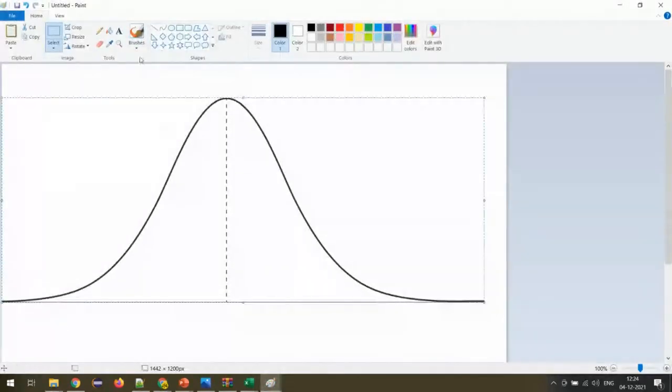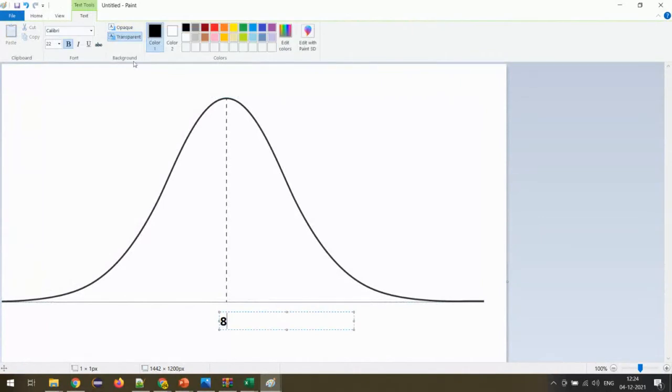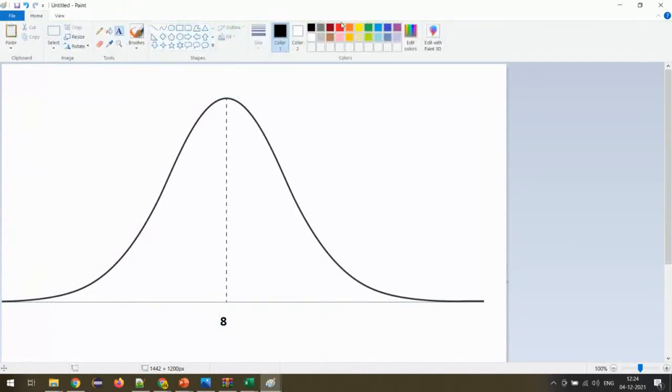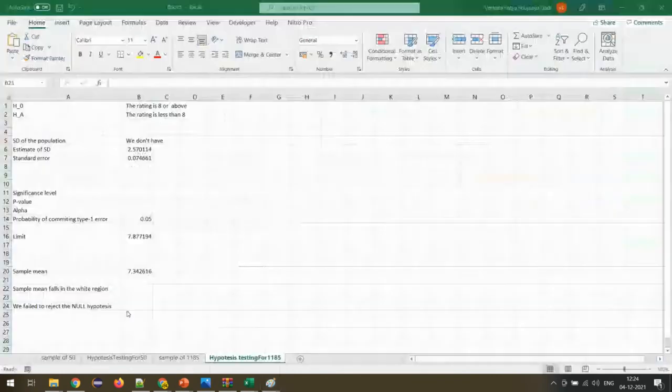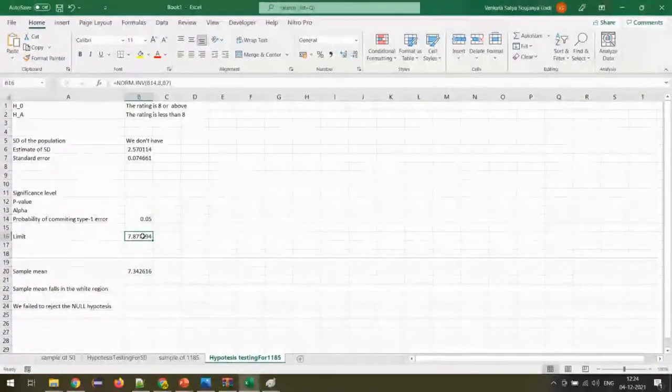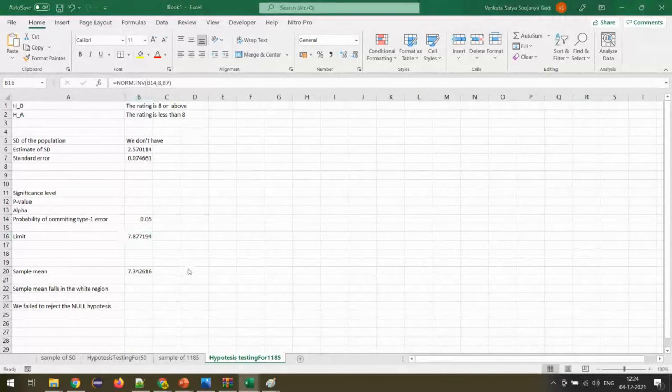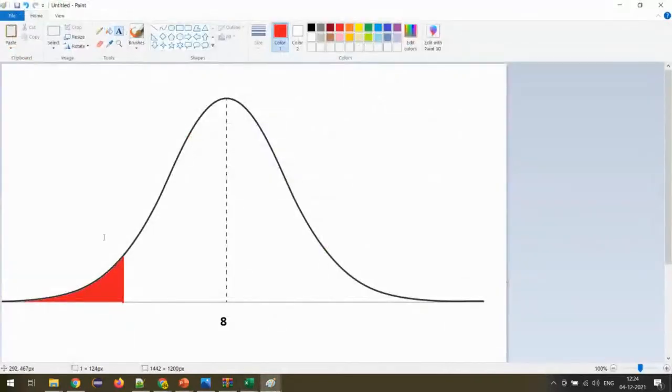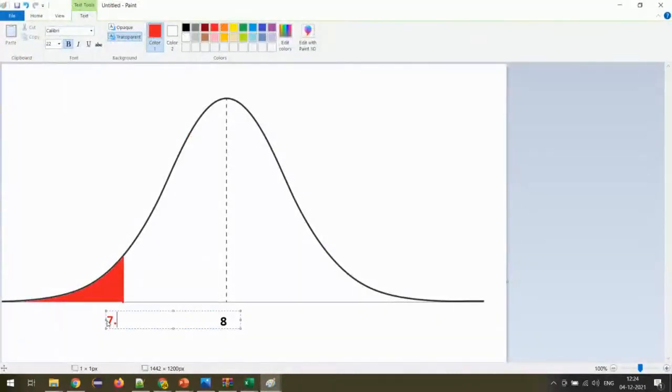Here again, we go to 8. We draw a red line. This is 5% of the area, and the remaining is 95% of the area. And here the limit we calculated is 7.9.